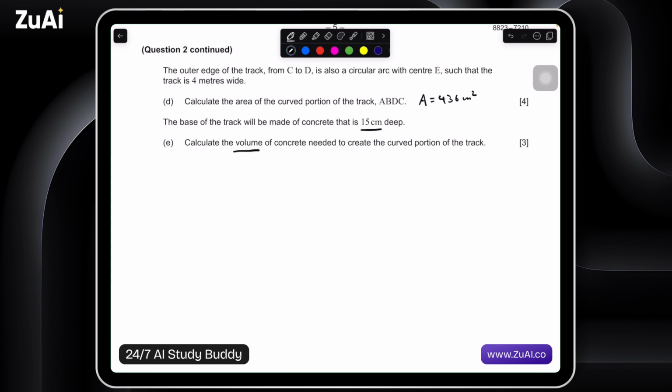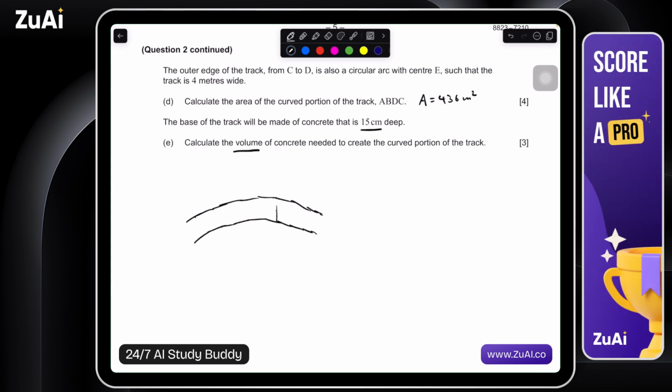So here we've got the track itself, right? So we've got this curved portion of the track. And what we want to do is pour some concrete within this track. So let's say we've got something like this. I'll do my best to draw this curved portion of the track.